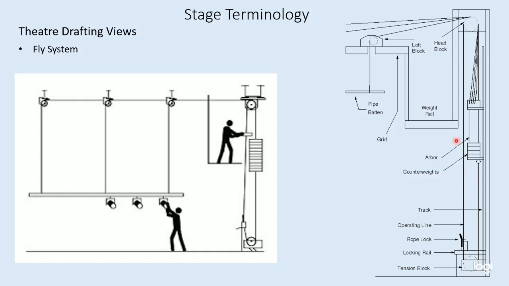There are then user-friendly ropes, usually large diameter and softer weight ropes, that you can use to unlock the working line, and then mechanically you can pull down on the stack of counterweights, and the pipe then, the batten, will rise. As you pull down on the rope, it pulls up on this counterweight cage, and then the batten will lower, right? So that's the foundation of a counterweight system in quick review.